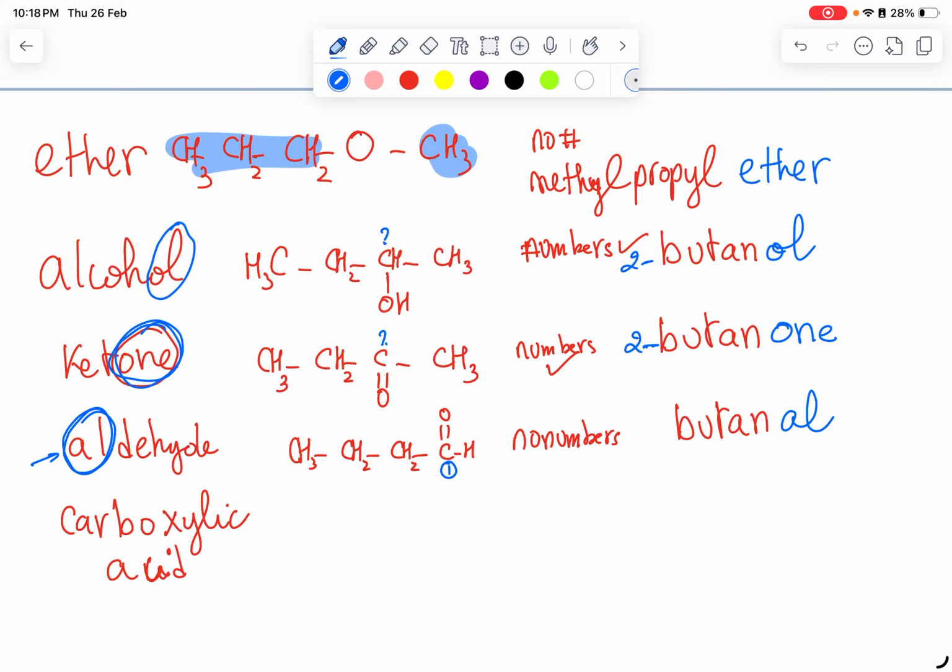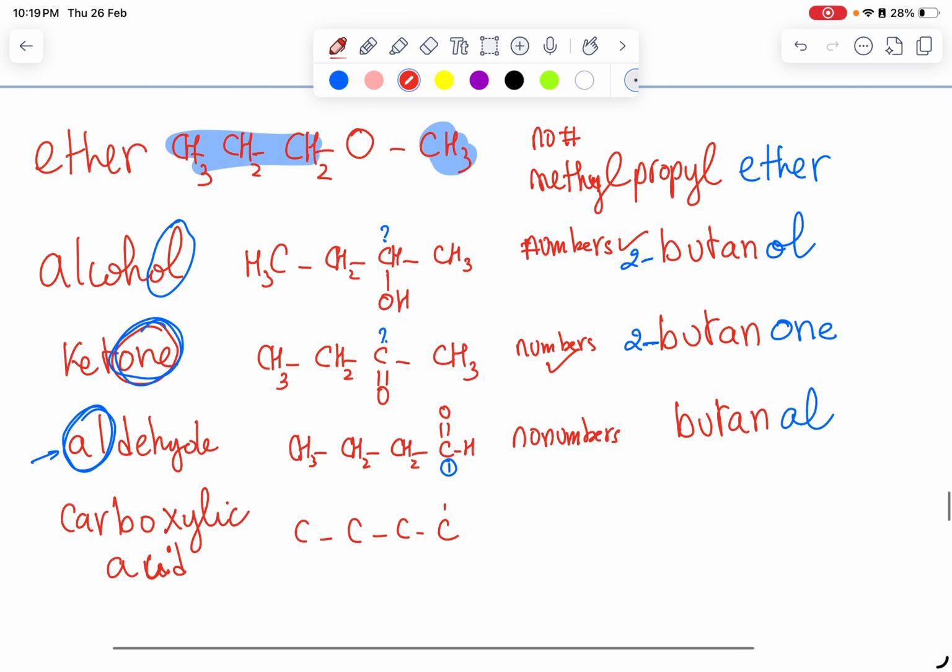Now let's make it a carboxylic acid. 1, 2, 3, and 4. How do I make it a carboxylic acid? I have to put a carbonyl and a hydroxyl. Also, I told you that in the carboxylic acid, this is the first carbon. So you start numbering your chain right from this carbon. So here H2, H2, H3.